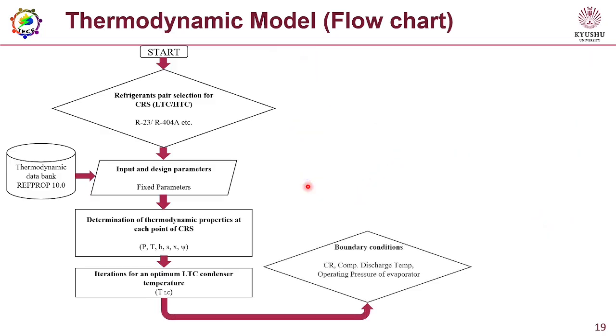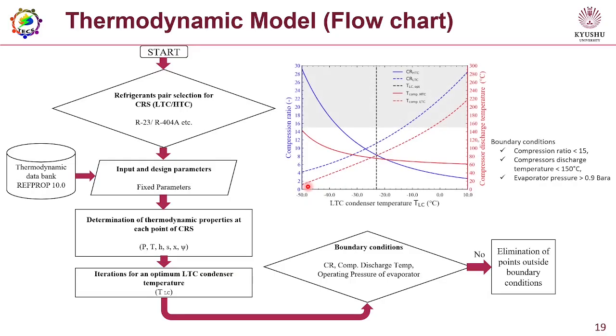To get only the practical feasible results, boundary conditions are then applied. These boundary conditions include the compression ratio of both compressor cycles to be less than 15. Compressor discharge temperature should be less than 150 degrees Celsius, and the evaporator and heat exchangers pressure should be greater than 0.5 bar absolute.